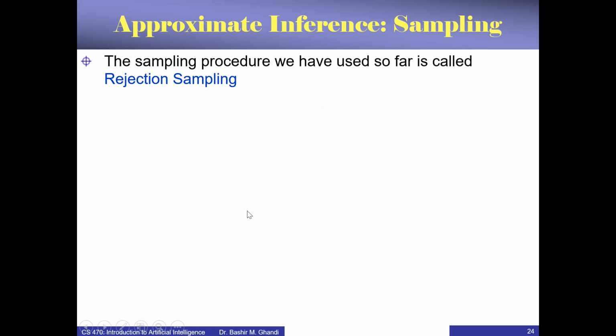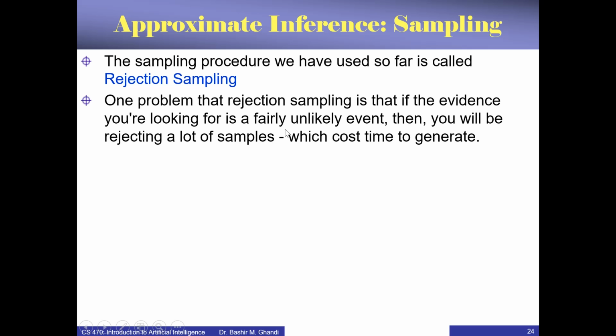So the sampling procedure we just used in the last example is called rejection sampling, because of course we are rejecting some of the samples that didn't meet our condition. Now, one problem with rejection sampling is that if the evidence that you are looking for is fairly unlikely, then you will be rejecting a lot of samples.